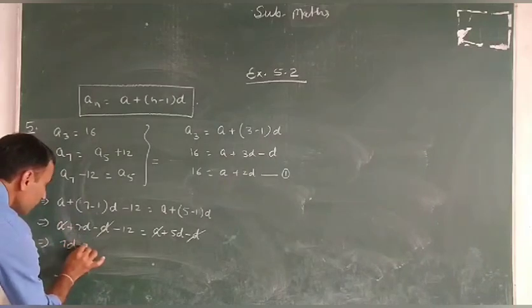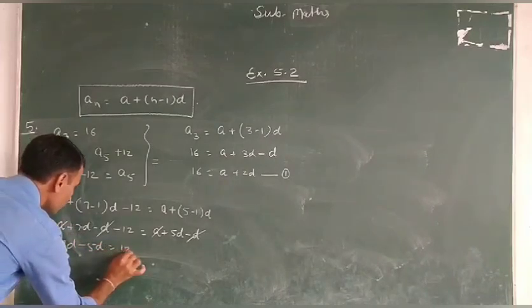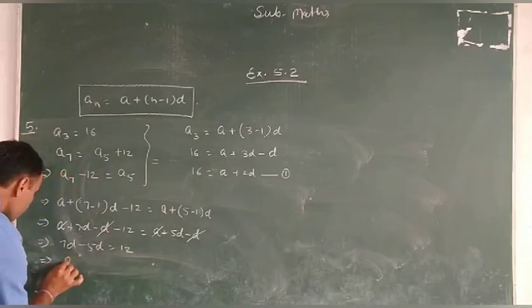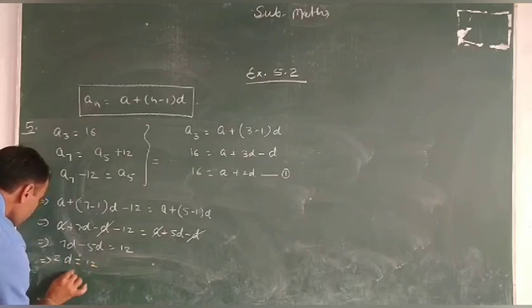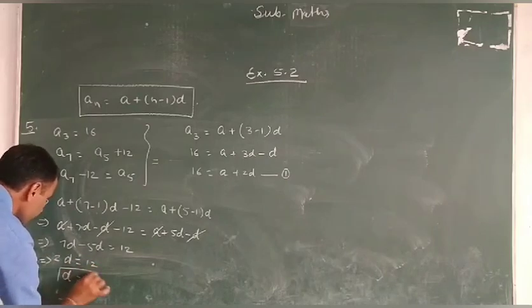So 7D minus 5D will be equal to 12, or we can say 2D will be equal to 12, D will be equal to 6.